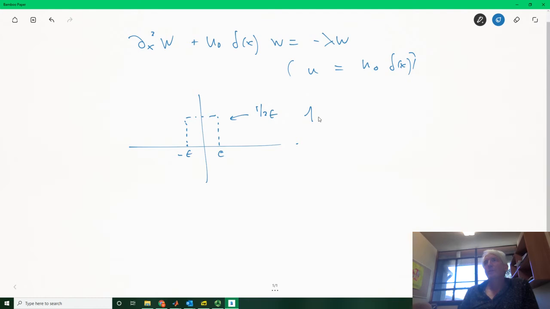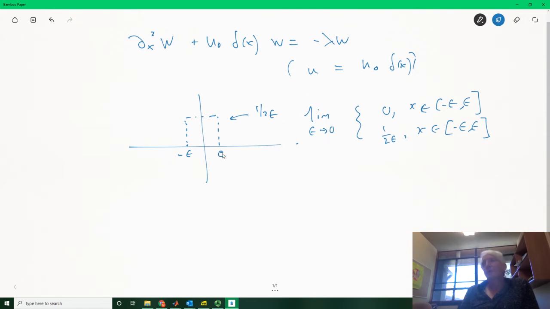If we take the limit as epsilon goes to 0 of this function, which is equal to 0 if x is not an element of minus epsilon to epsilon, and is equal to 1 over 2 epsilon if x is between those, then we end up with a delta function taking that limit.